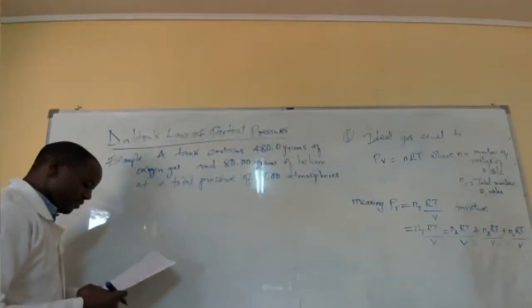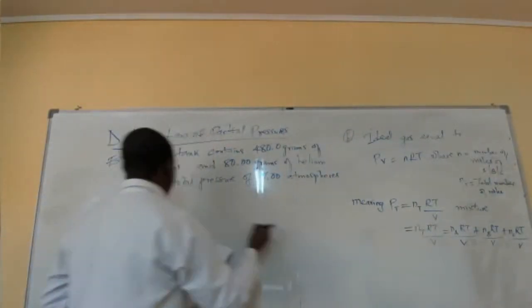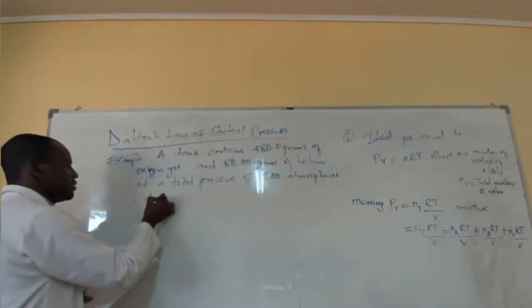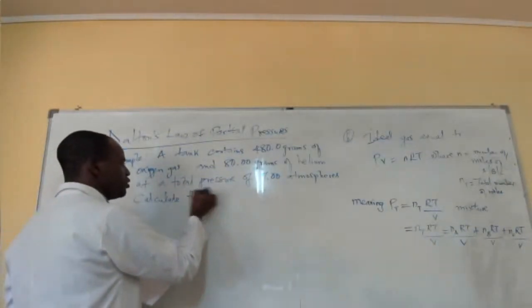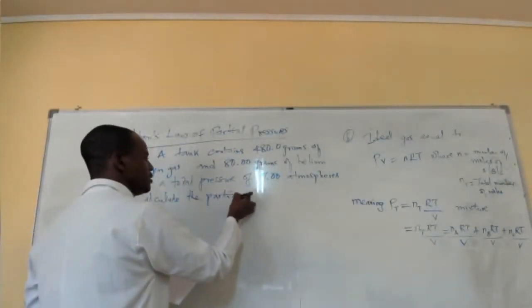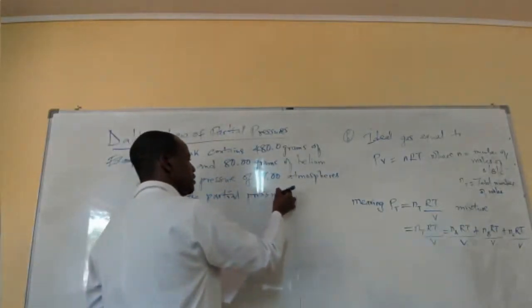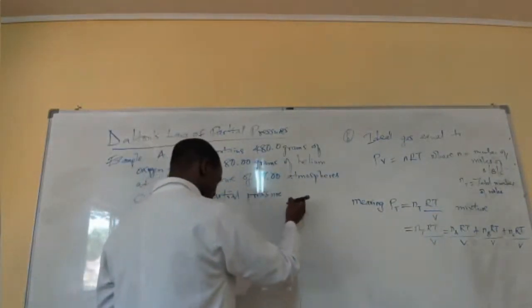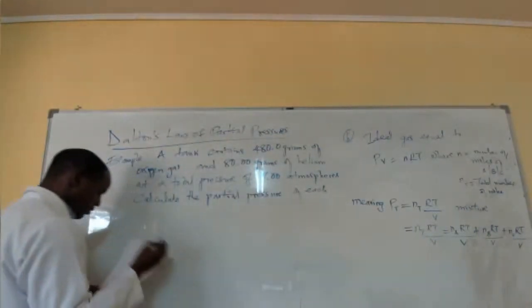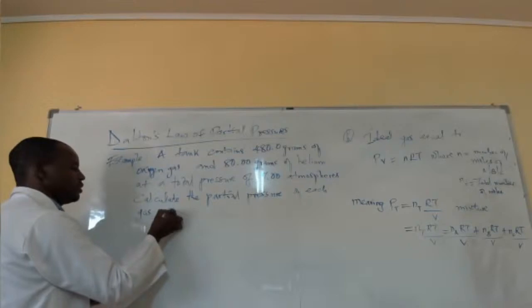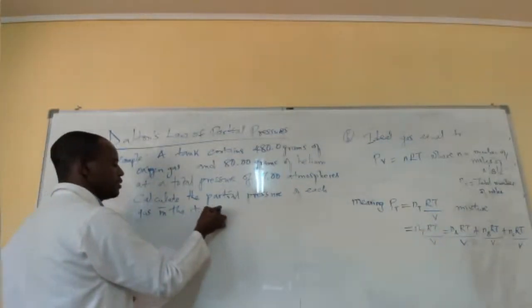So the question is: calculate the partial pressure of each gas in the 7.00 atmosphere tank.